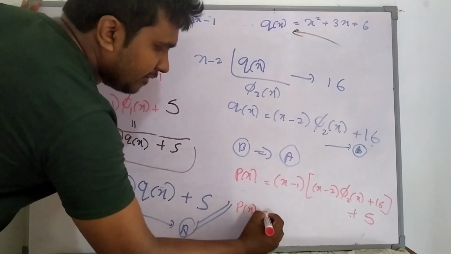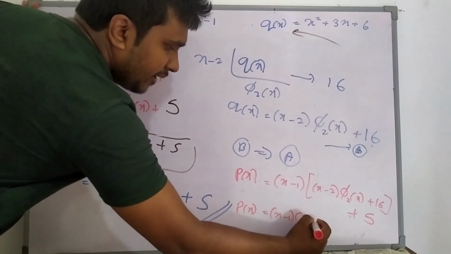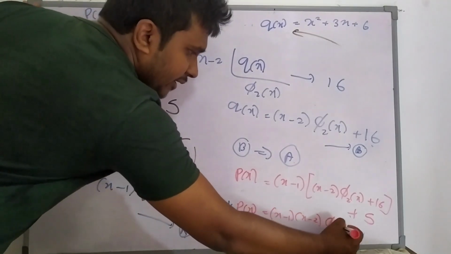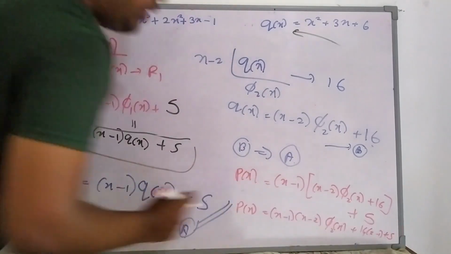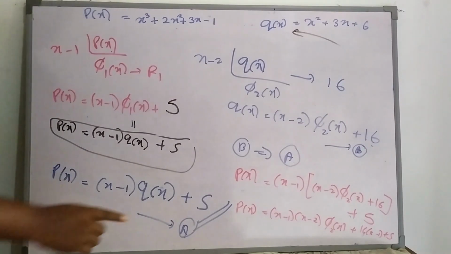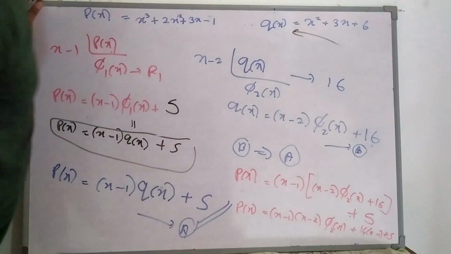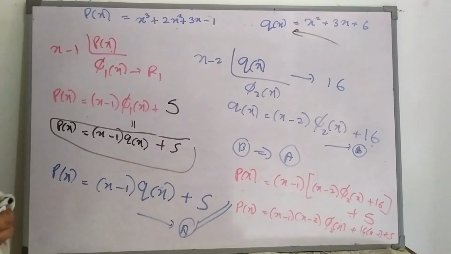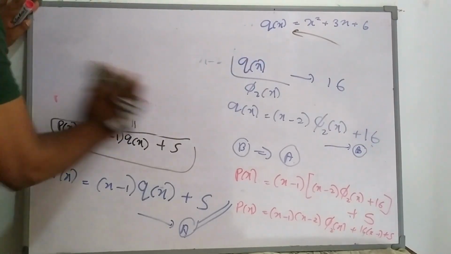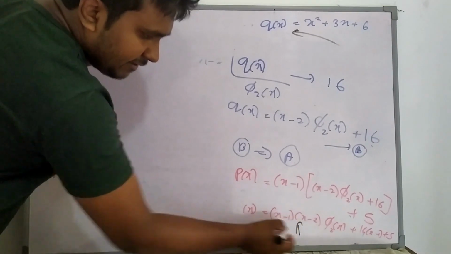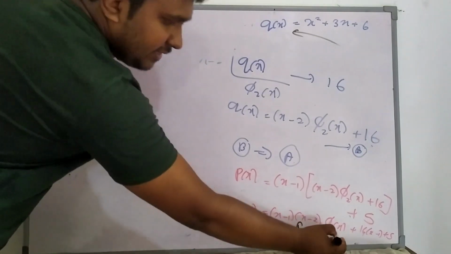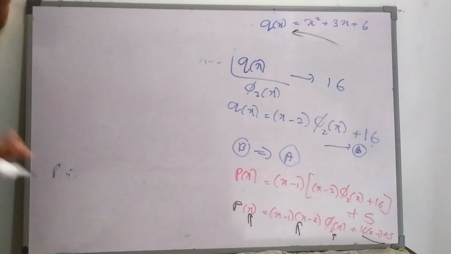So P(x) equals (x minus 1)(x minus 2) psi 2(x) plus 16(x minus 1) plus 5, right? Can you see? This is our divisor, this is our function P(x), this is our quotient, and this whole thing is our remainder.